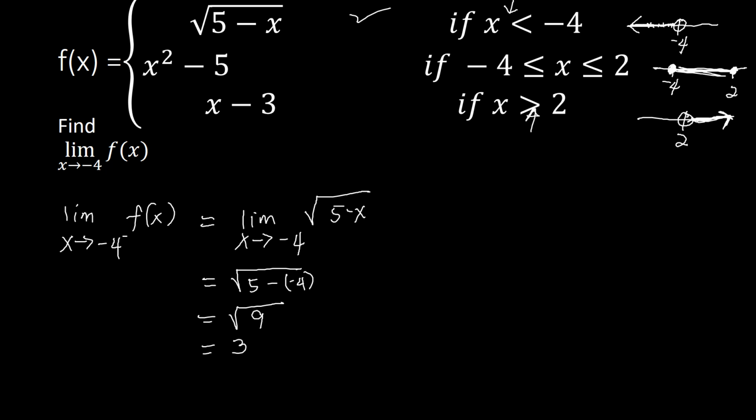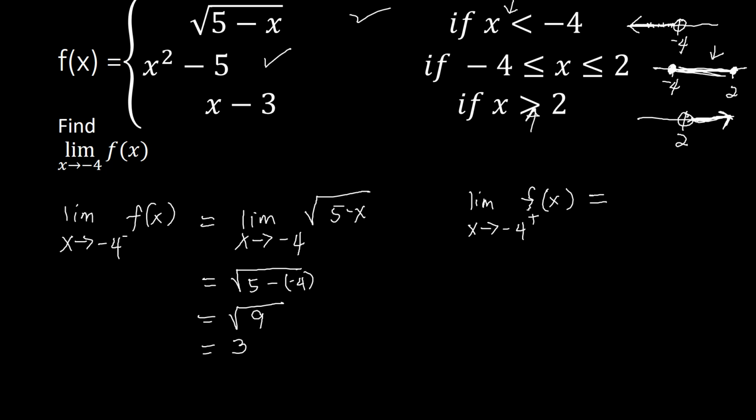Let's check if the limit of f of x as x approaches negative 4 coming from the right side is still 3. Now take note this is coming from the right side of negative 4. If you look at the domain here, this is the one which has the values coming from the right side of negative 4.